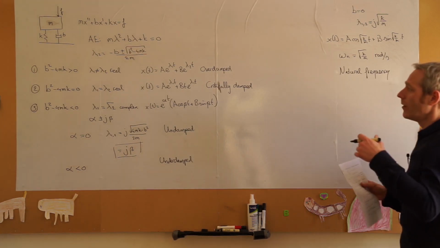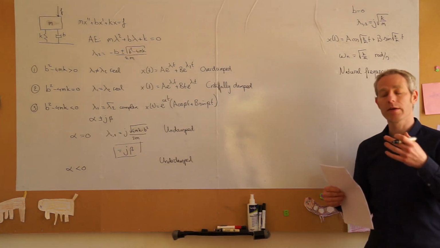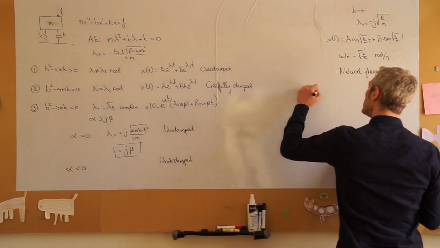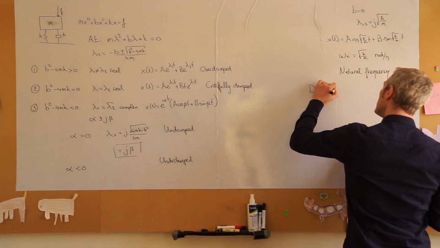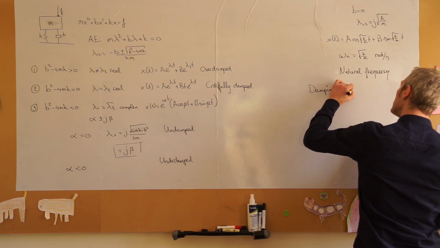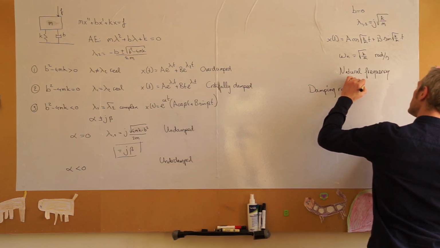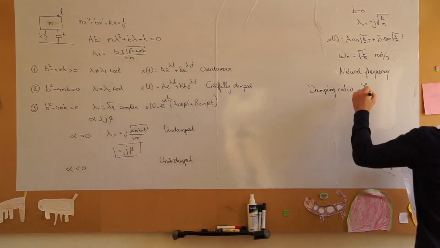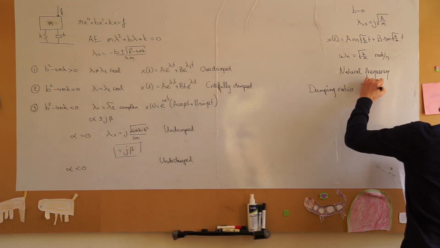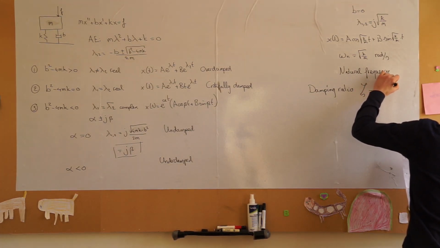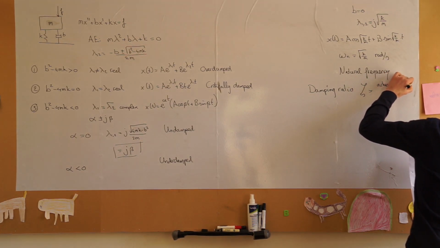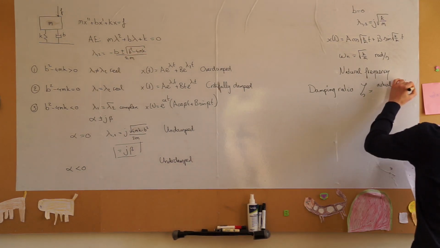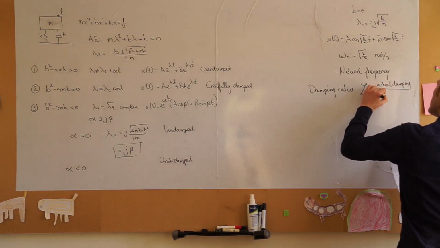Now, we have the natural frequency, and I would also like to introduce another term, which is the damping ratio, which is the Greek letter zeta. And what that is, it is the actual damping in our system, here we have damping coefficient B, so that will be the actual damping divided by the critical damping.